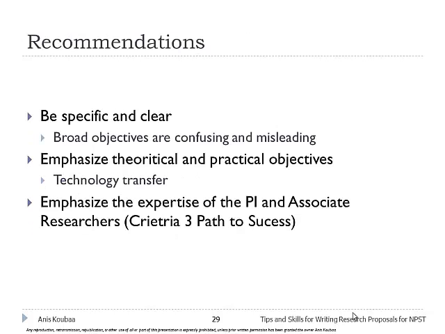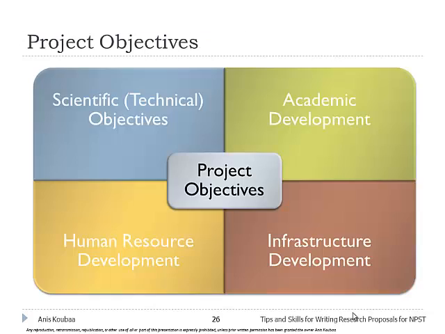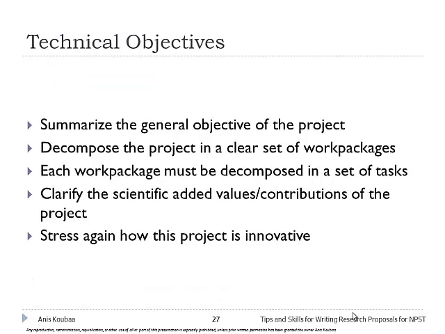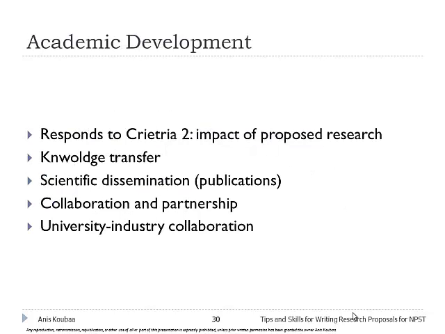Respond to criteria, and yes, now the second point is academic development in the green on top right side. You can write a paragraph about academic development as an objective of the project. For example, the project will contribute to knowledge transfer from the university to the society, scientific dissemination, what is the expected number of publications that you intend to produce, and whether you will have collaboration and partnership with other institutions.